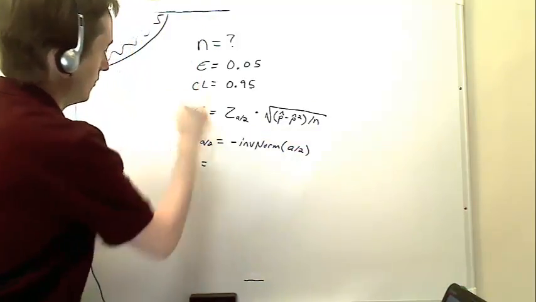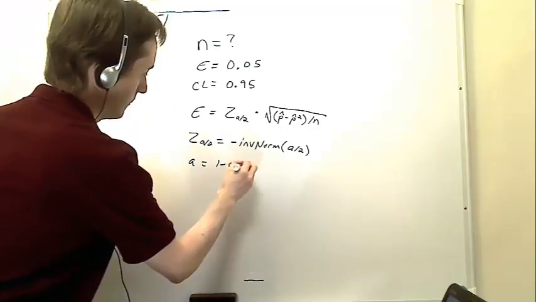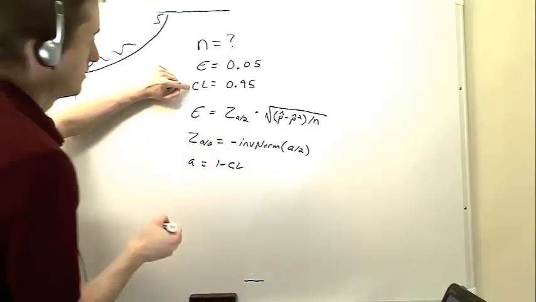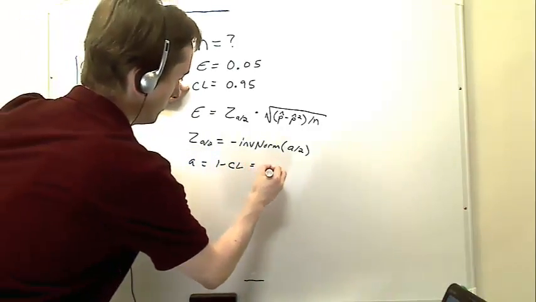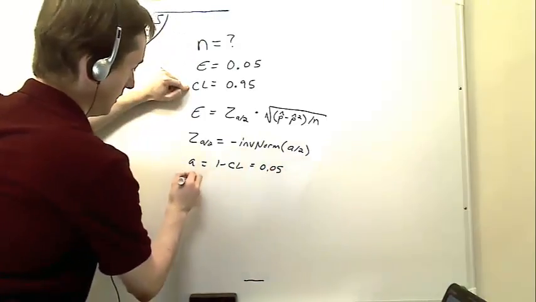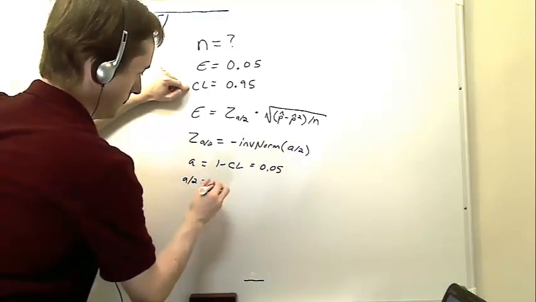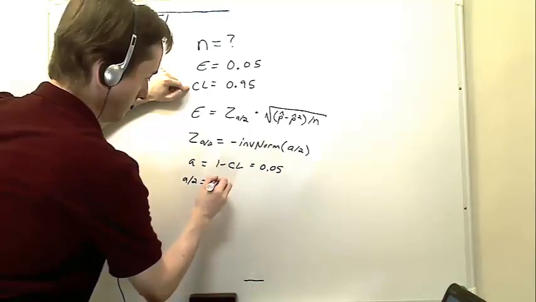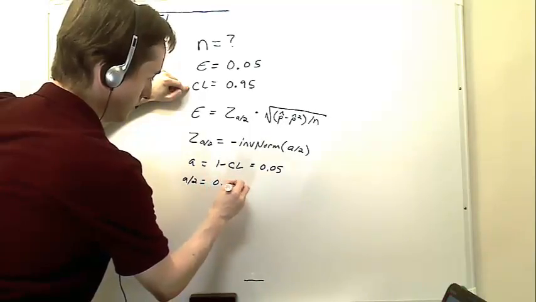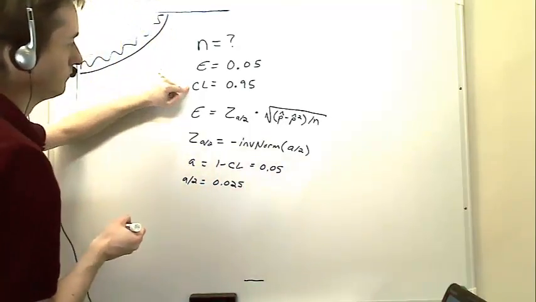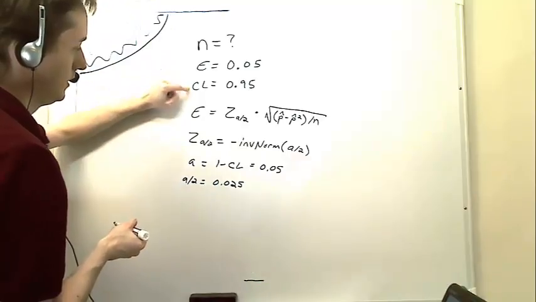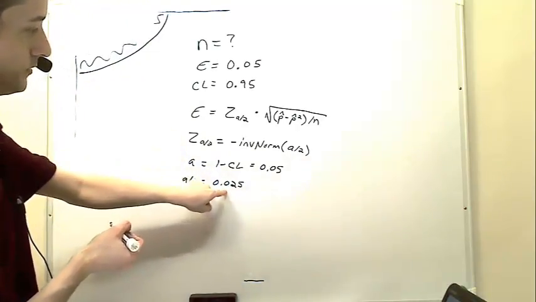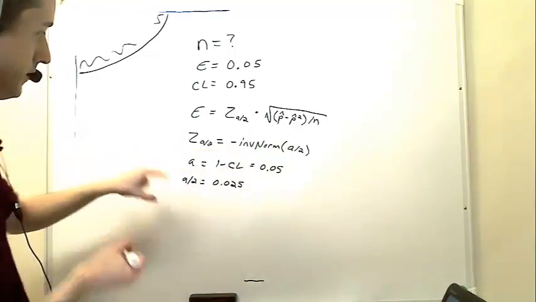Alpha equals 1 minus the confidence level. So in this case, it's going to equal 0.05. Alpha over 2 is half of that, so that's 0.025. So 0.025 is what we'll plug in there.